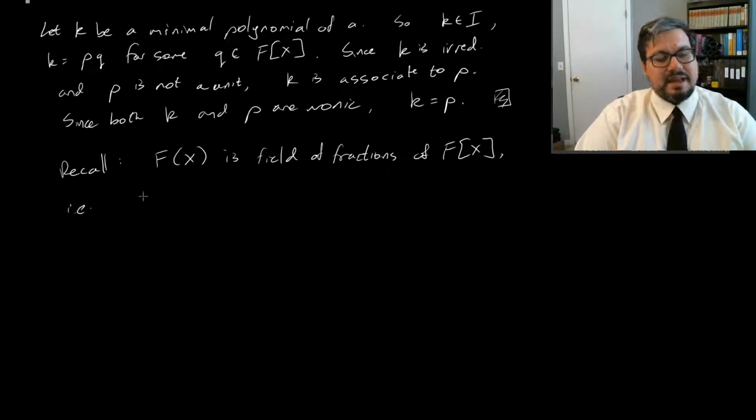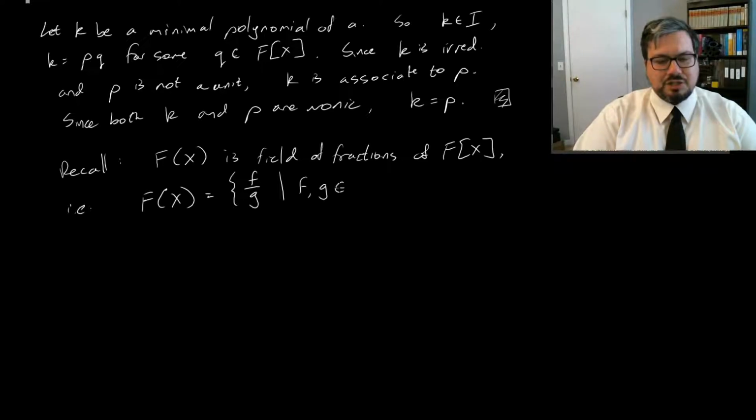That is to say that the field F of x is equal to f over g, where f and g are polynomials in F adjoin x, and g is not equal to 0, and where f over g is equal to h over k if fk is equal to gh.